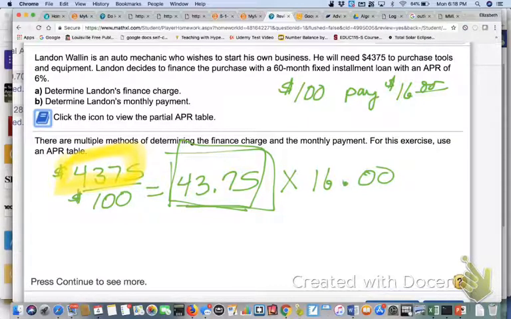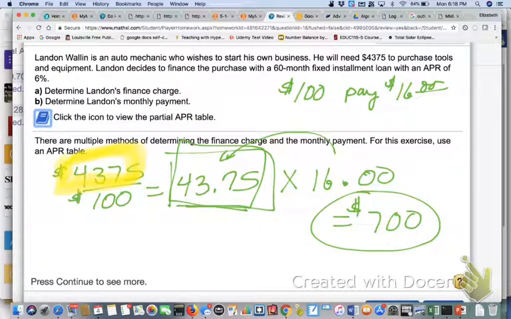So he owes $16 43.75 times, if that makes sense. So if you multiply that together, that means he is going to owe a total of $700. So this is what we call the finance charge. That is how much he's actually going to have to pay back on top of what he borrowed in the first place. So we've just answered part A. We've determined what his finance charge is.